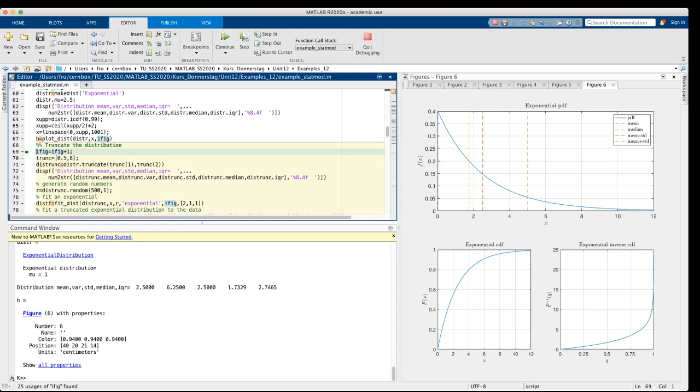And we have mean plus 1 and mean minus 1 standard deviation. So as the mean and the standard deviation are the same, the violet line is exactly at 0. And the green line, mean plus 1 standard deviation, is at exactly 5, because the mean and the standard deviation are both 2.5.